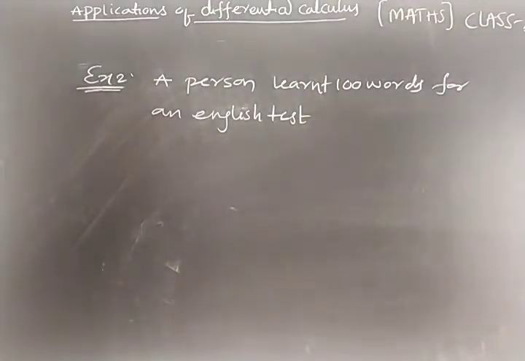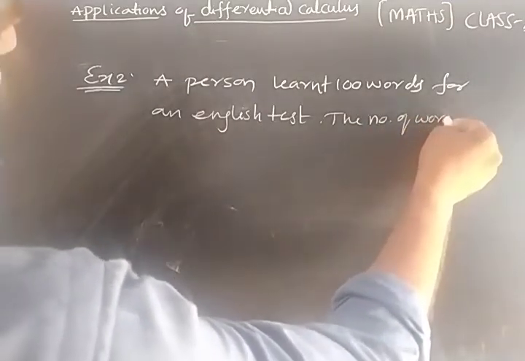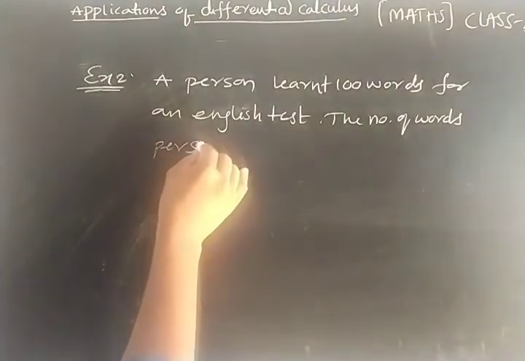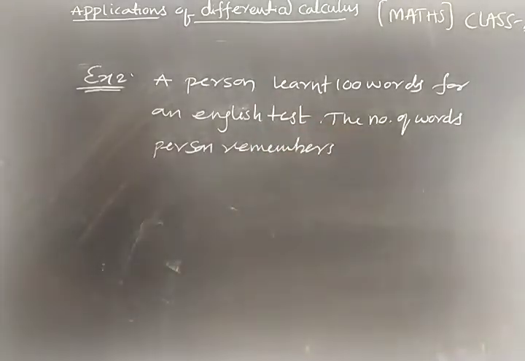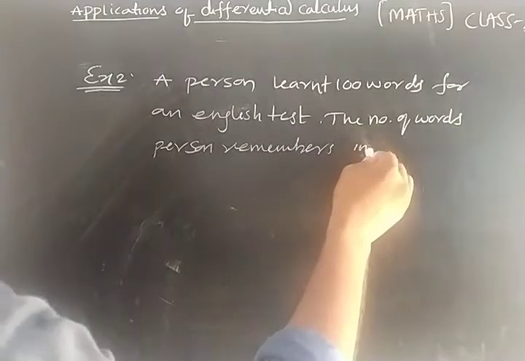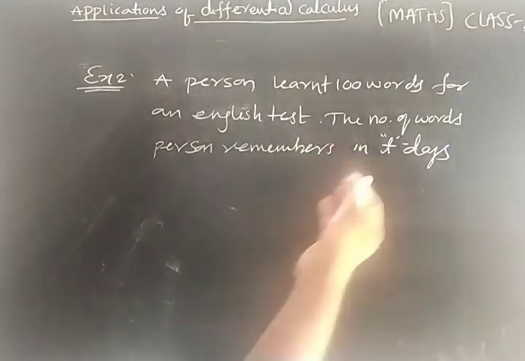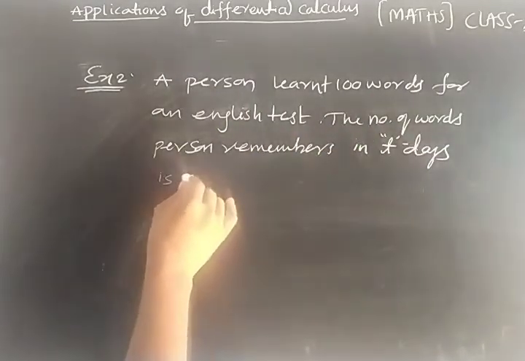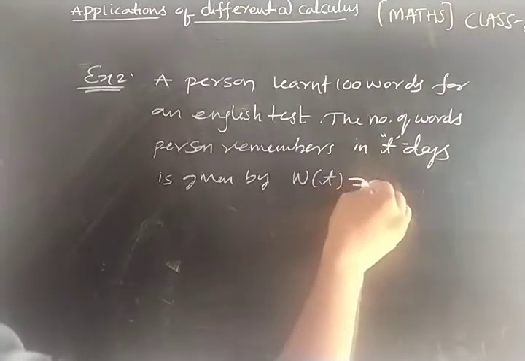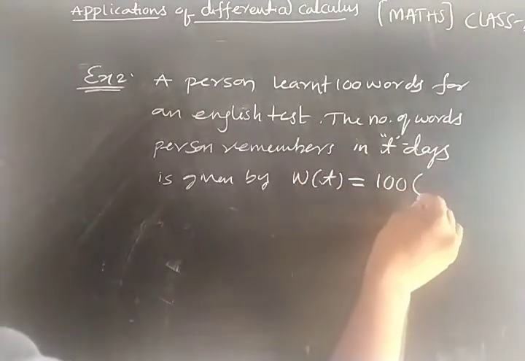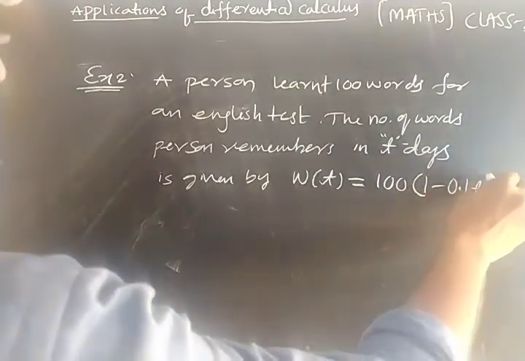The number of words the person remembers in T days is given by the number of words equals 100 into (1 minus 0.1 T) whole square.